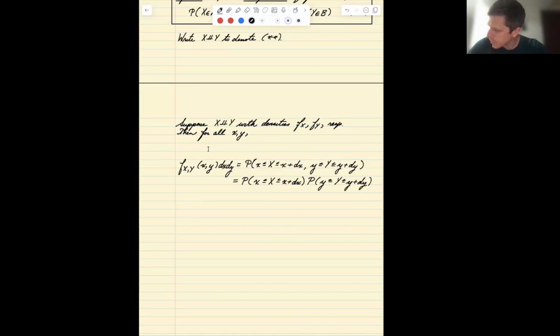We evaluate this as f_X dx, and this is f_Y dy. So we see that the joint density is the product of the marginal densities in the case of independence.